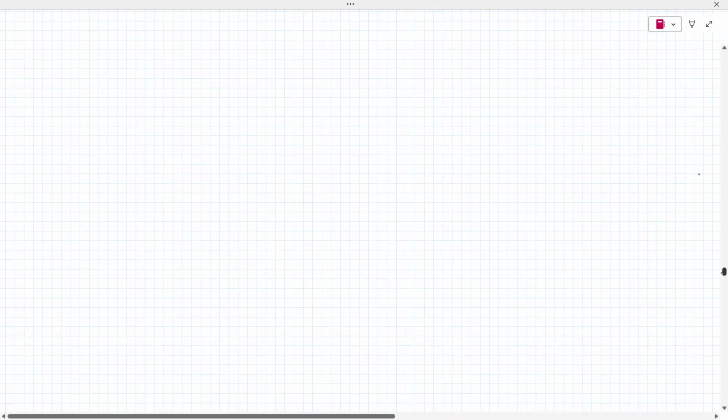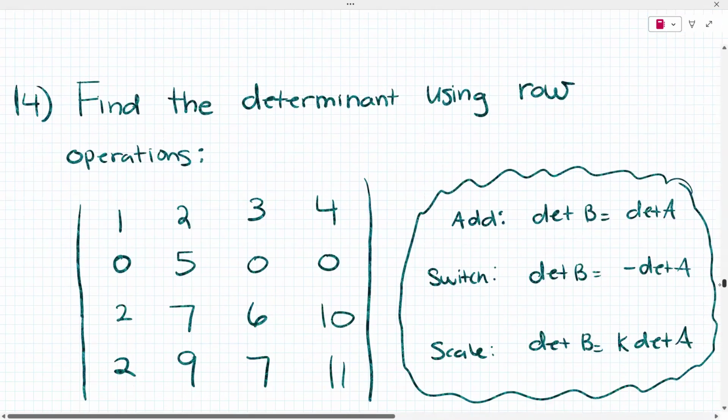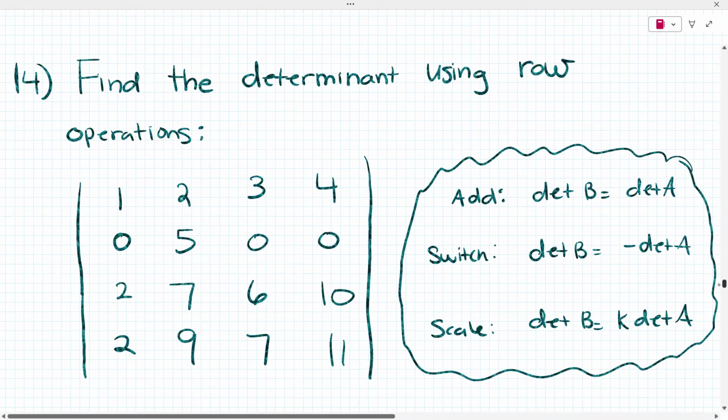Okay, 14. The direction says find the determinant using row operations.